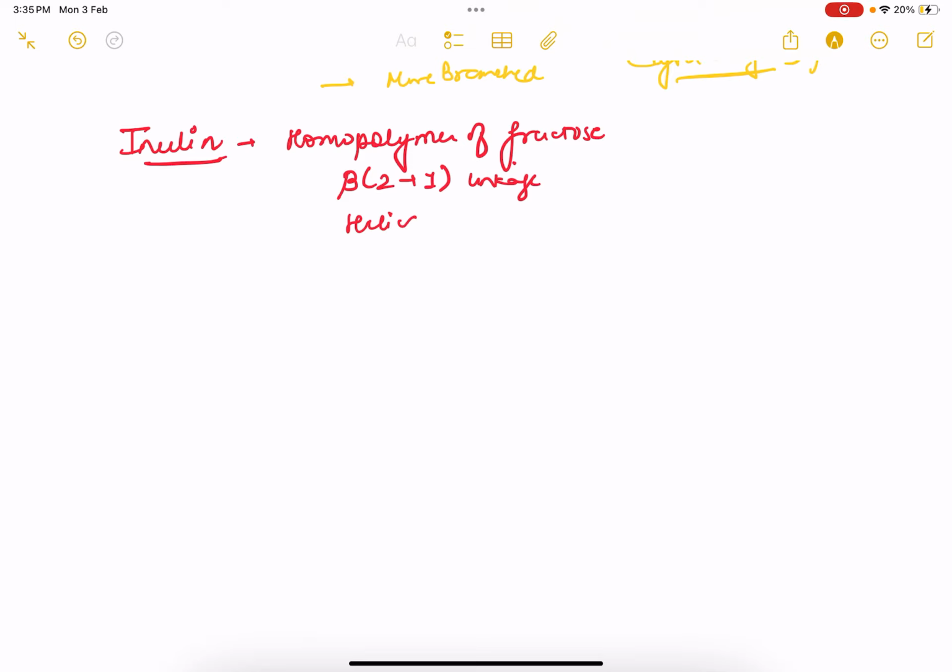Its structure is also helical, which means intra-chain hydrogen bonds. It is also unbranched and it is also a non-reducing sugar. Non-reducing sugar means no free aldehyde or ketone group is present.